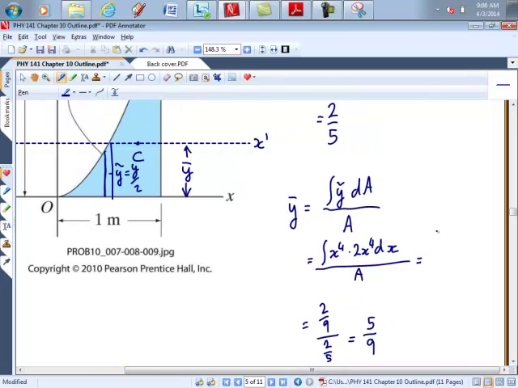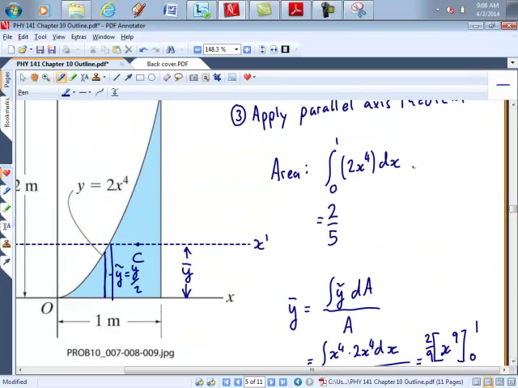I'm going to write the step in here. So that's going to be 2 over 9, x to the 9, evaluated between 0 and 1, over 2/5. I should probably write the step in up here as well.